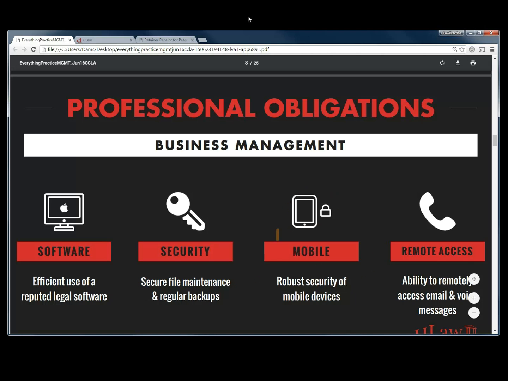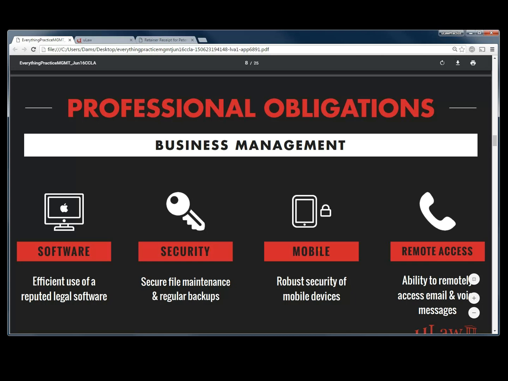Mobility is fairly new. Our statistics now show that 86% of legal professionals across North America now carry a smartphone. So make sure that, if you're using a mobile, it's robust, secure, and you have that screen lock, so your information is not just out there for everybody to access. When you're using mobile, also be careful that applications like Facebook, Twitter, and all these ones are not picking up all your contacts.